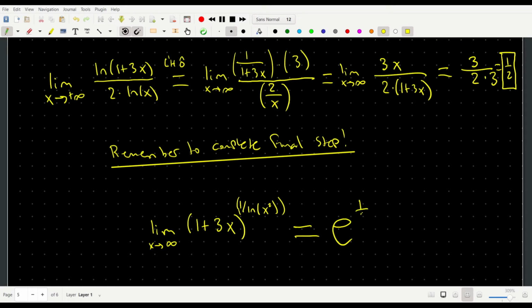This is e to the power of 1/2. And this is the correct value of this limit right here as x goes to infinity.